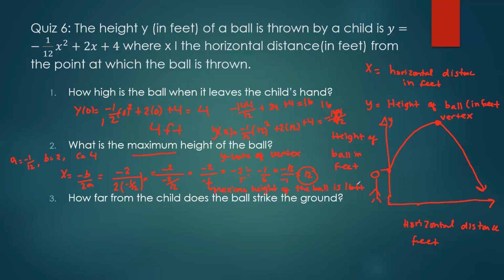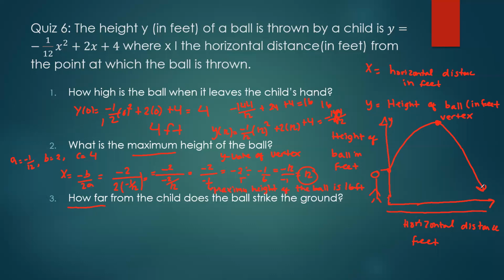Number 3, how far from the child does the ball strike the ground? What are they really asking? Are they asking for the y-intercept, something related to the vertex, or the x-intercept? It says how far, so that's a horizontal distance related to your x-axis.